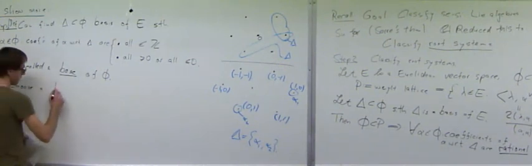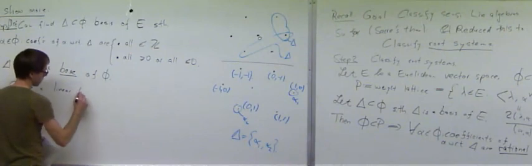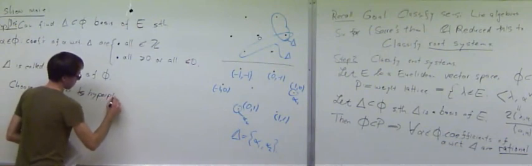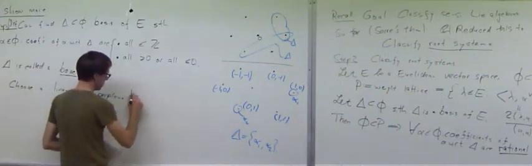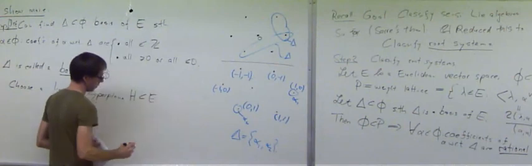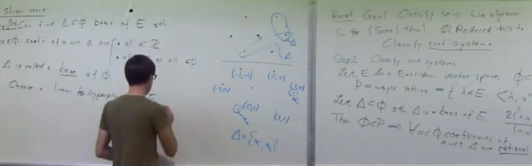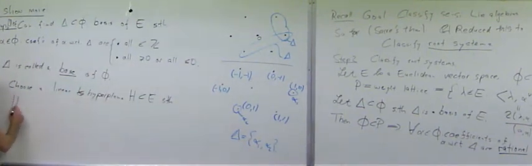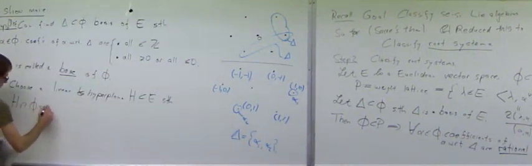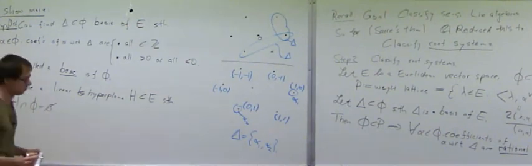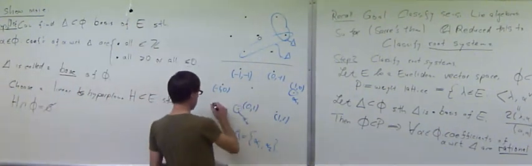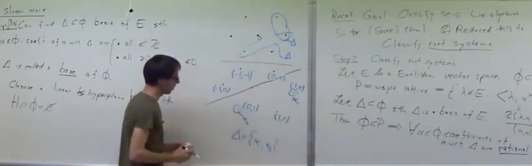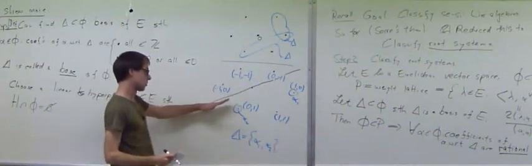So we would choose a linear hyperplane, say H in E, such that H contains no roots. Now here, for example, I could take this hyperplane. So there are no roots on the hyperplane.